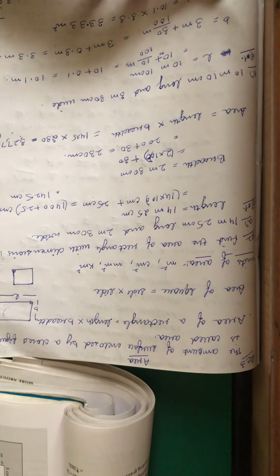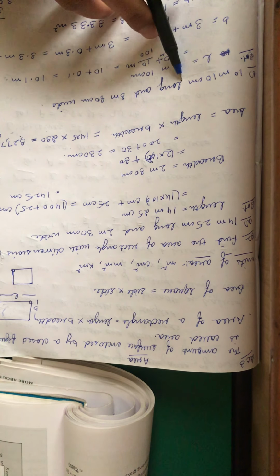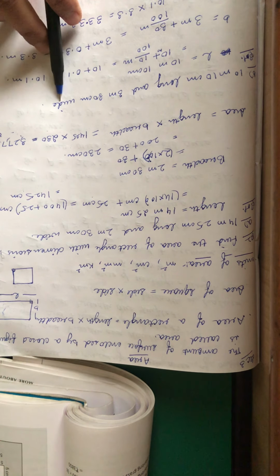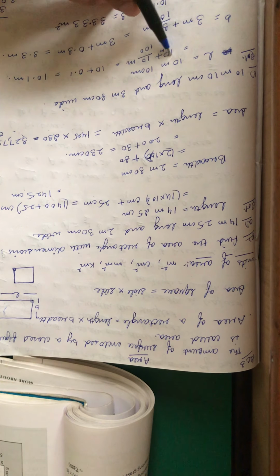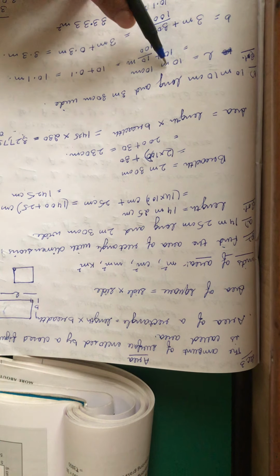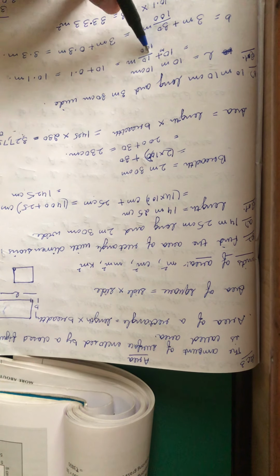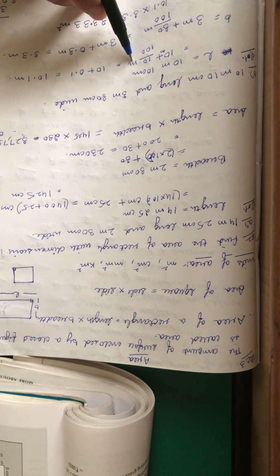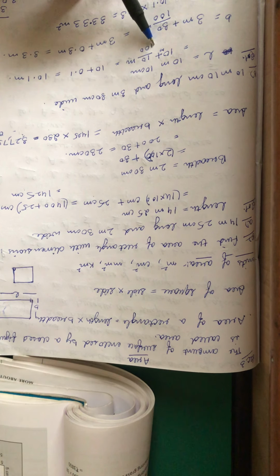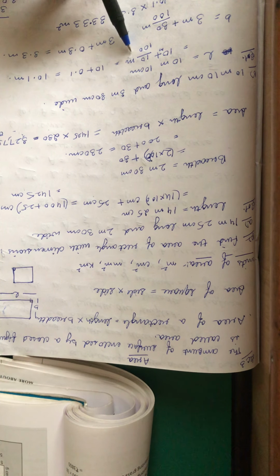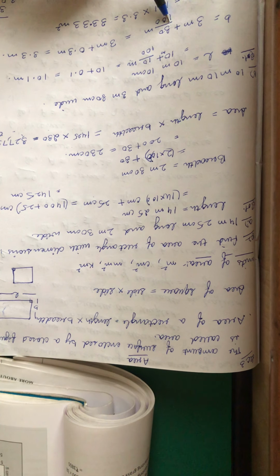B part is 10 meter 10 centimeter long and 3 meter 30 centimeter wide. Now length is 10 meter 10 centimeter. Again convert it into meters. So it is 10 meter plus 10 by 100 meter, so it will be 10.1 meters, and breadth is 3 meter 30 centimeter.